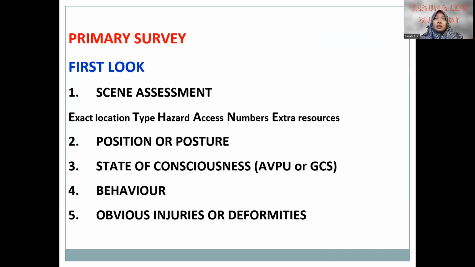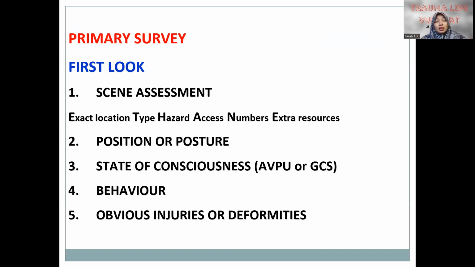For paramedics, we advise AVPU because it's easier compared to GCS. A is for patient is alert, able to respond, able to converse. V is only when patient is responding to verbal. When you call them up, baru they will respond.